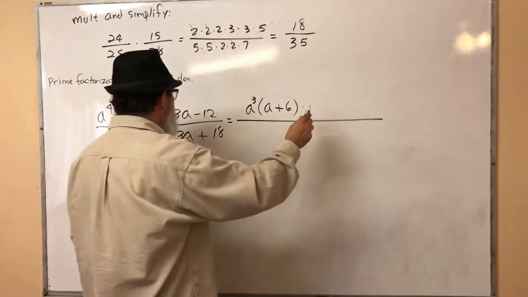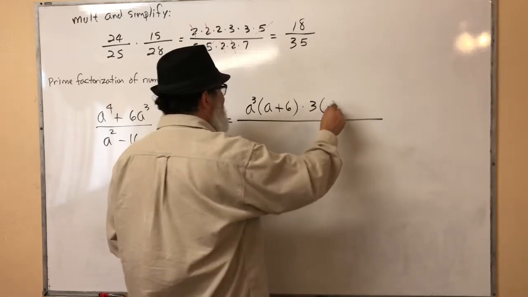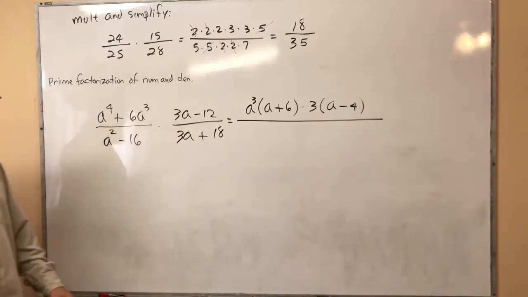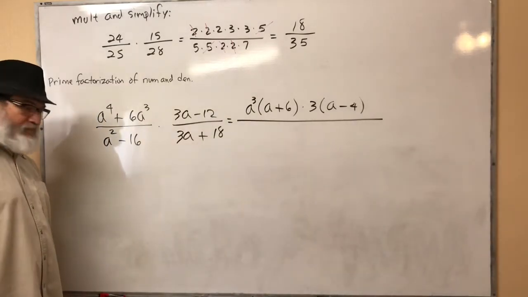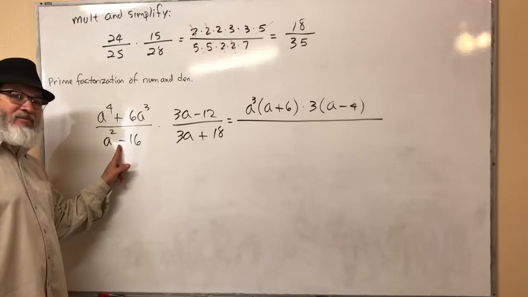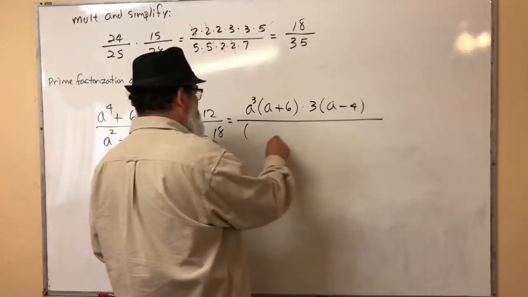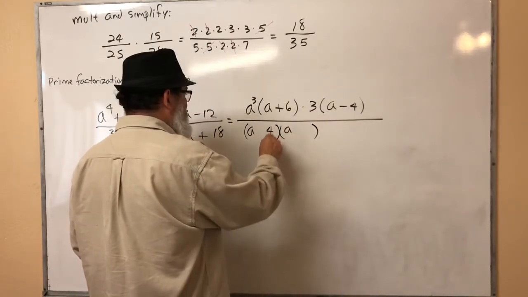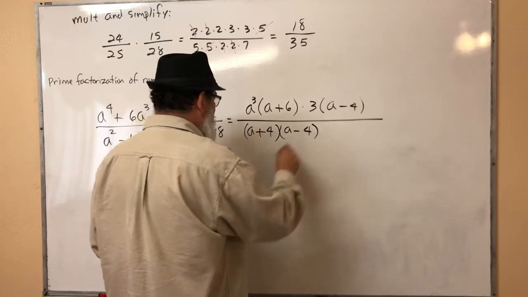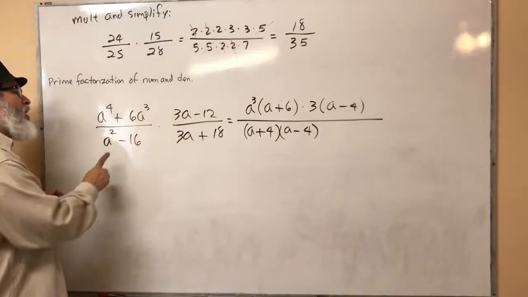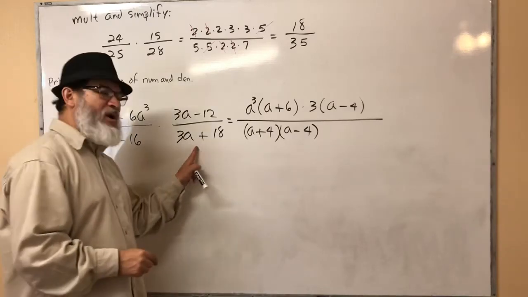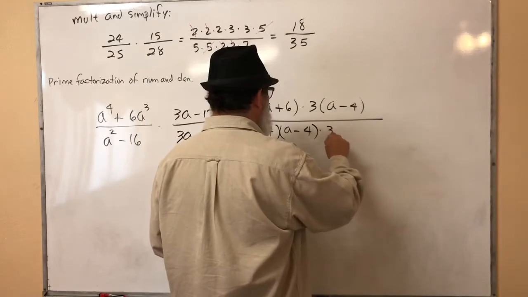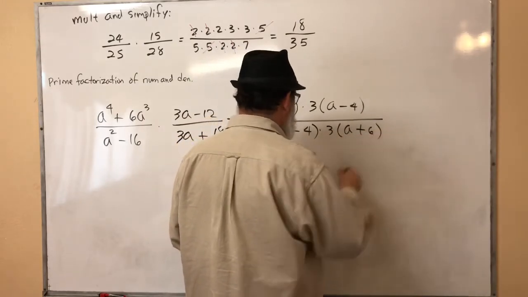So times 3 times a minus 4. Got the top. Now let's do the bottom. How about that one? Difference of squares. a times a, 4 times 4, plus and minus. That would be that one. But this one, times 3 times a plus 6.